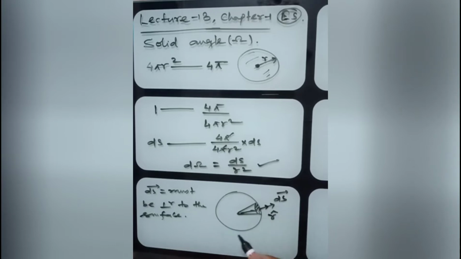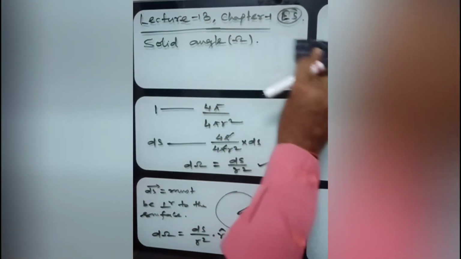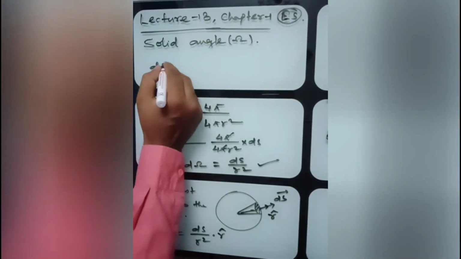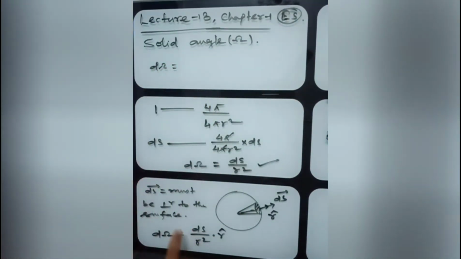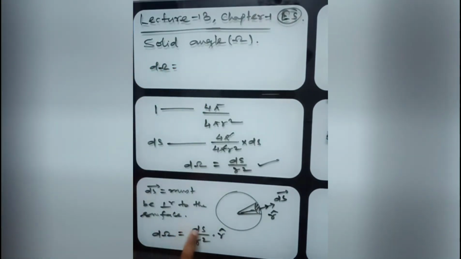So the radial vector will give you the direction, and then this solid angle d omega can be written as ds over r square dot r cap, or you can also write it as ds dot r.